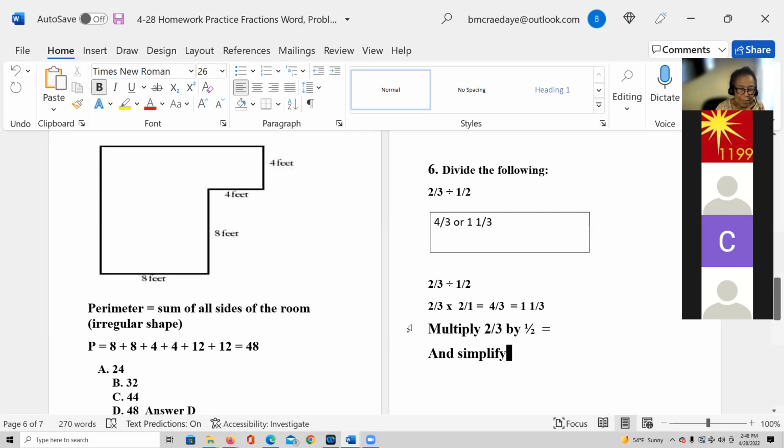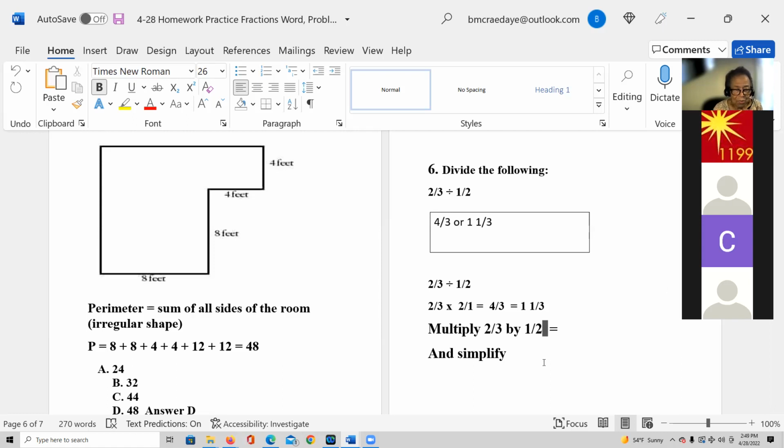I get 3/6, then I simplify to 1/2. When you multiply, you don't change anything. You multiply numerators and multiply denominators. So what is 2/3 by 1/2?